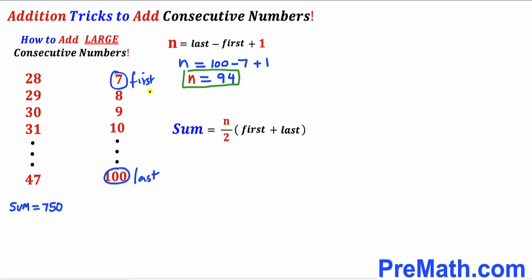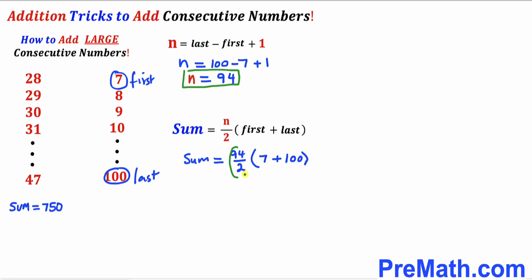Now here's our next step. We are going to add up all these numbers by using this formula once again. The sum is equal to our n value, 94, divided by 2, times the first number 7 plus the last number 100.